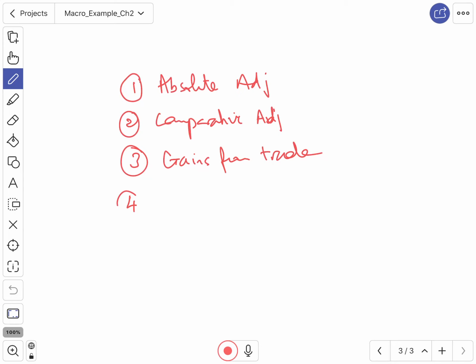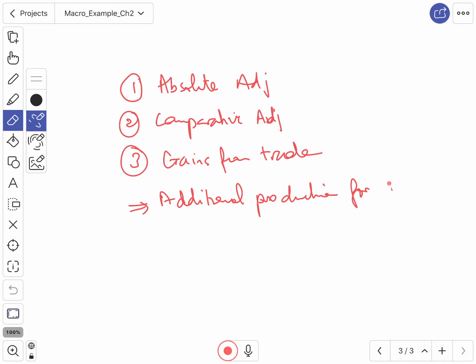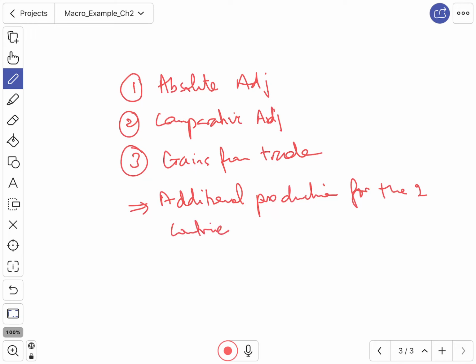And additional, or you can think about the last point implies the gains from trade, which basically implies additional production for the two countries, because after specialization, each country is going to specialize in the good that it has a comparative advantage, so this would benefit both countries.